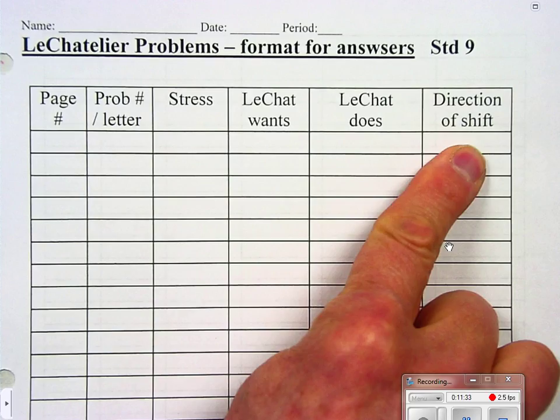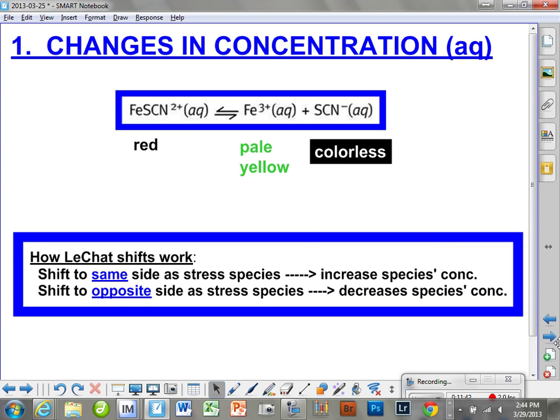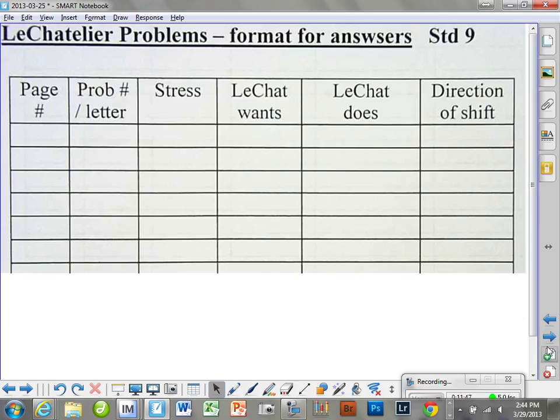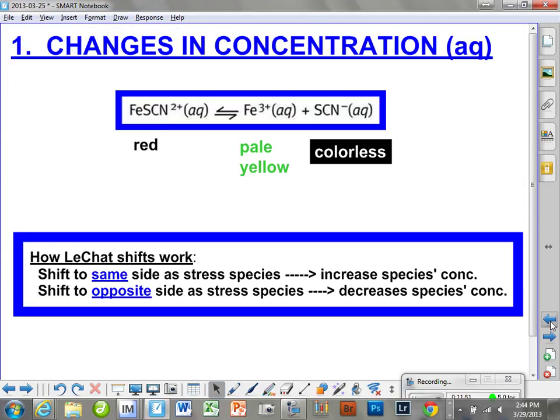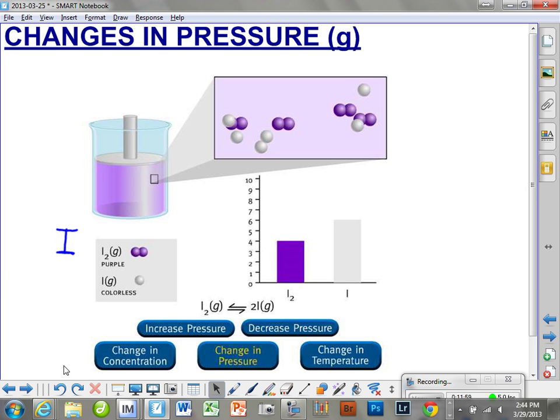And finally, we'll figure out what the shift is in the equation when you stress it. This is crazy stuff. It takes a little while to get used to it. And this is where we're going to work a problem or two based on this equation on a sheet that's right after it, after we look at the animation.